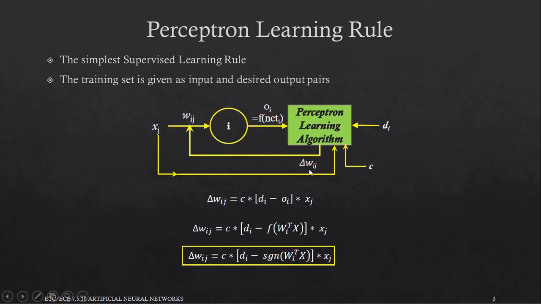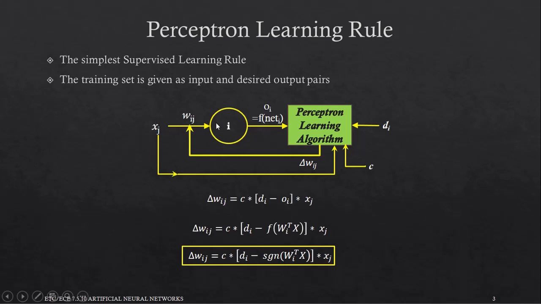For a particular training pattern, the weight update rule is given as delta Wij equals C into (Di minus Oi) into Xj, where delta Wij is the weight change between the jth and the ith neuron, C is the learning constant, Di is the desired output, and Oi is the neural output for that training pattern.